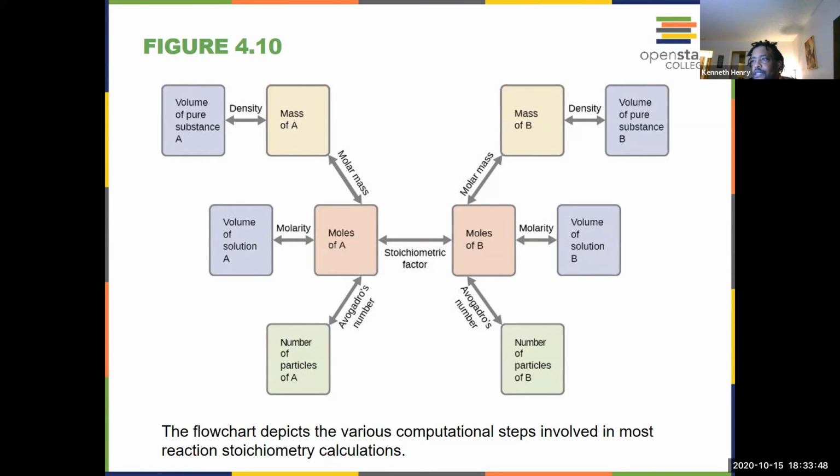The next thing is to change to moles. Then use your mole-to-mole ratio, your stoichiometric factor, to determine the number of moles of the other solution. If you have the number of moles and the molarity, you can calculate the volume you need to add to completely react with that compound. Piece of cake? Yep.